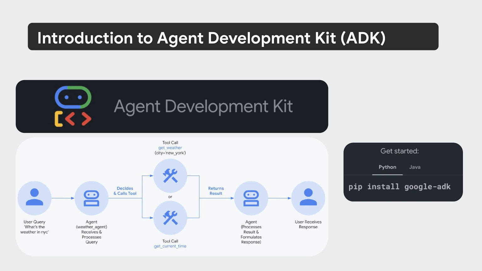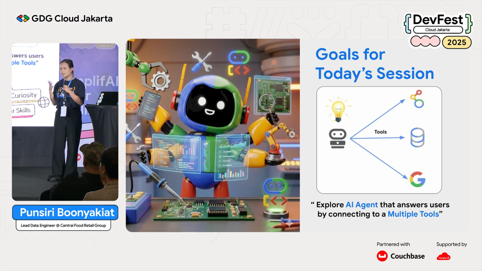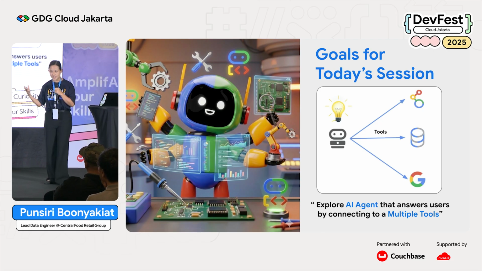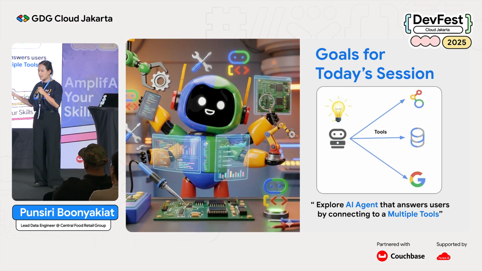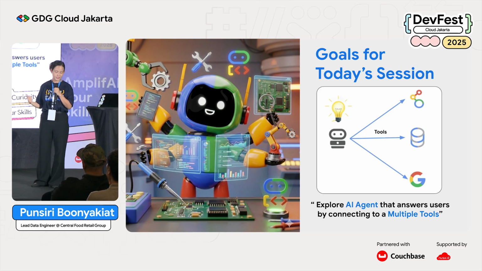So if your agent has a tool to search websites, then it can search the website and gather that answer for your user. The goal today is to give you an exploration of multiple toolsets of the ADK, for example the data toolset, the MCP toolset, and the Google toolset.